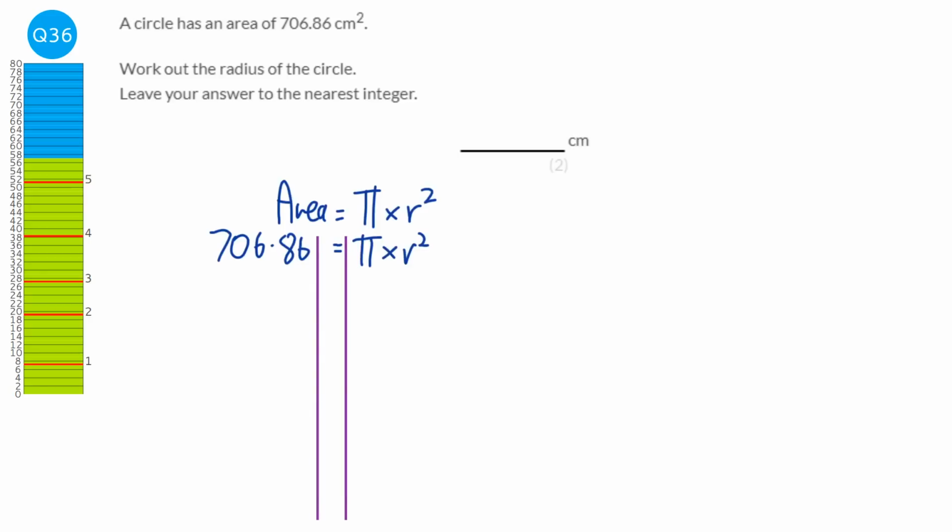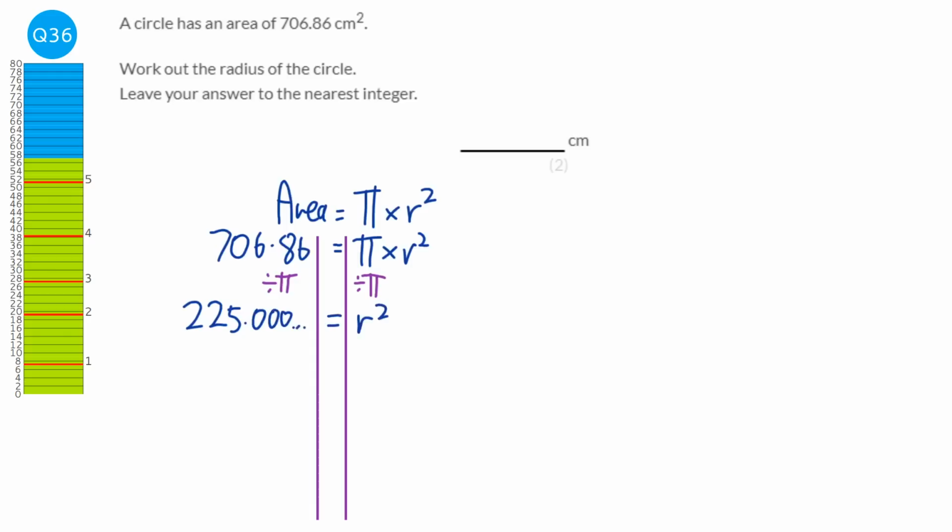And I'm going to start by getting rid of that times pi. So I'm going to divide both sides by pi and get the r squared on its own. So when I divide that by pi, I get 225.000... Very close to 225.